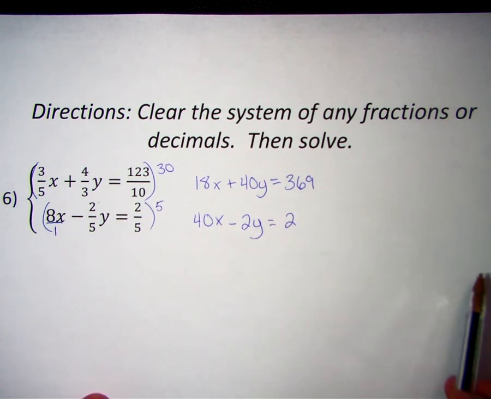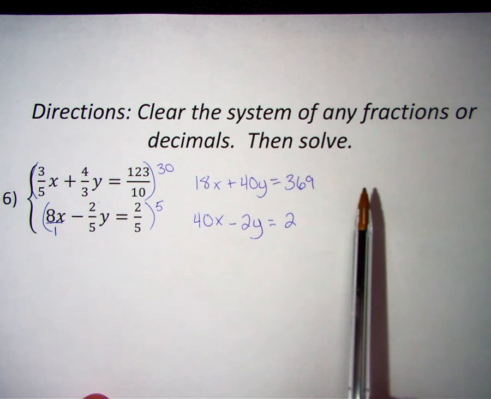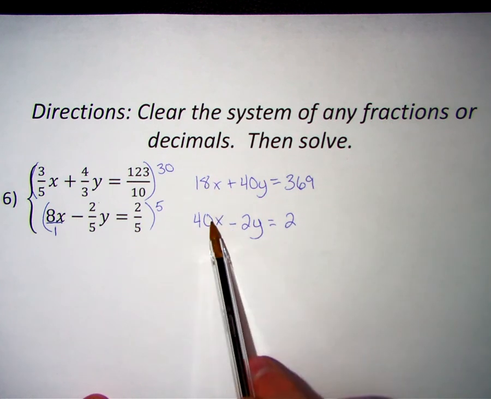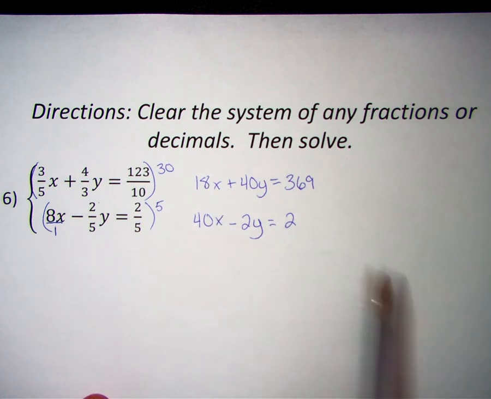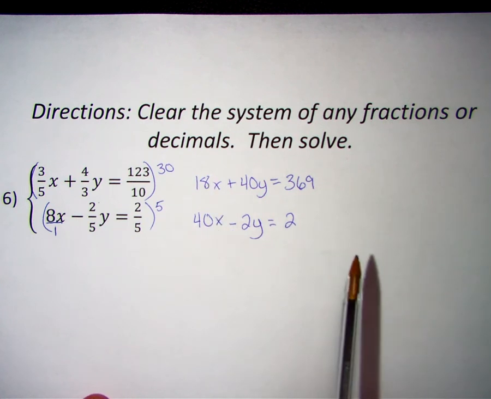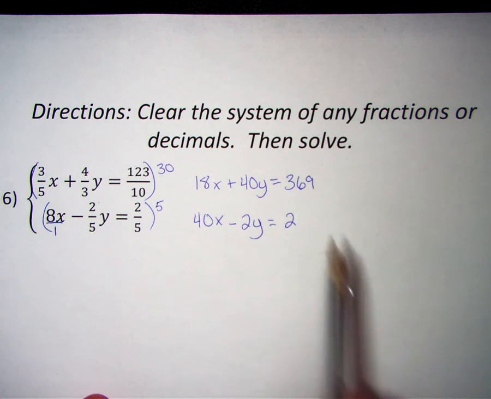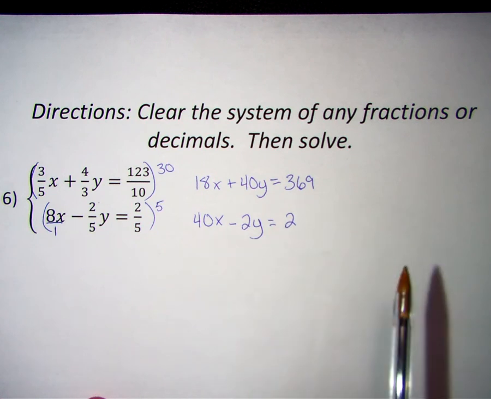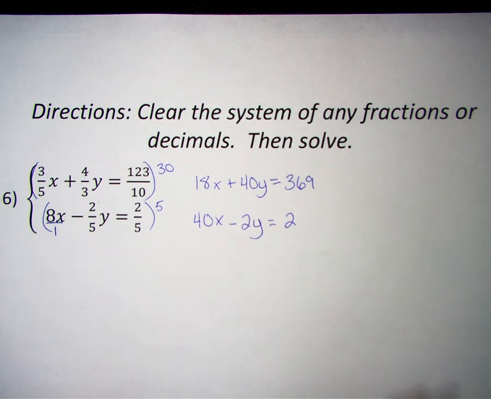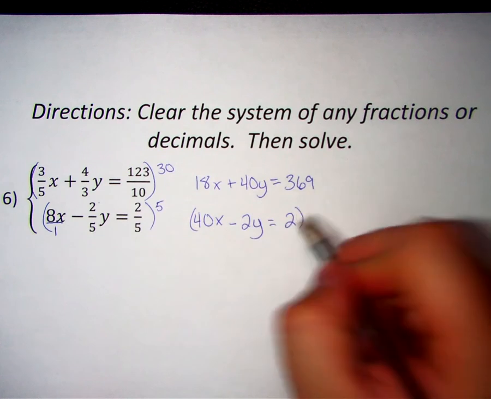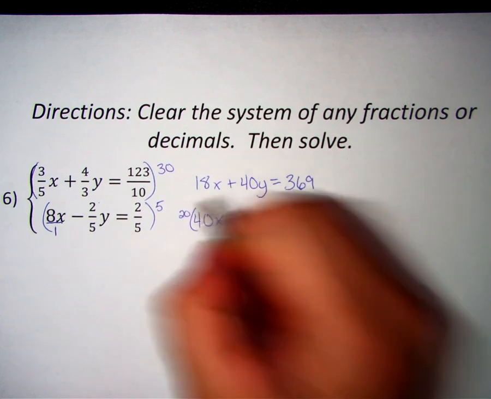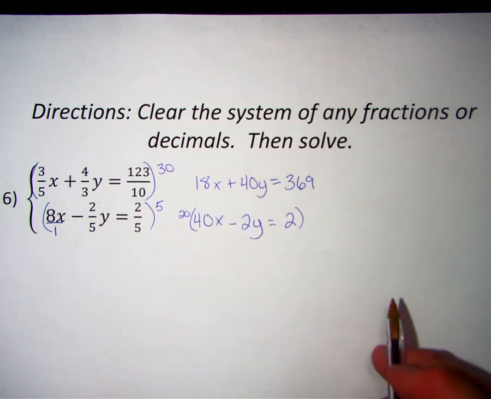Now, which term do we want to cancel out? Well, I'm going to have to multiply 40 times 18 in order to eliminate my x's. It seems like it would be a little bit easier to deal with that 2, and how many times does it go into 40? Well, 2 times 20 is 40. So we can multiply our entire second equation by 20 to get opposite coefficients.